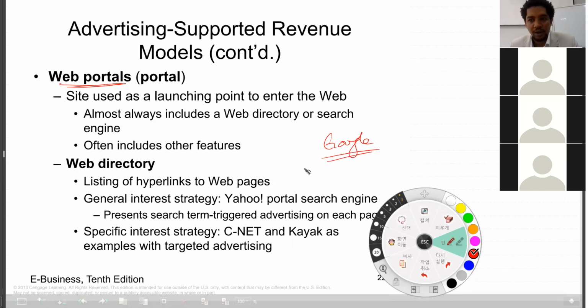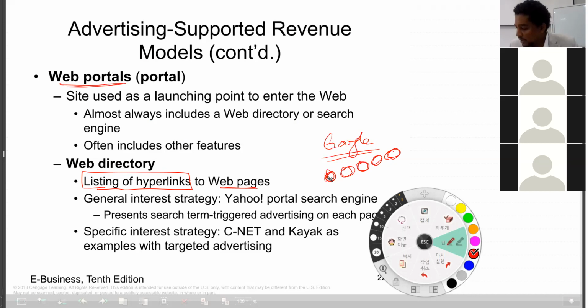We say it's a portal because when you type in google.com or view the original homepage of Google, you can find Gmail, YouTube, and different links to different websites. So that is called a list of hyperlinks to web pages. So web portals are directories, web directories, and nowadays they are becoming famous.